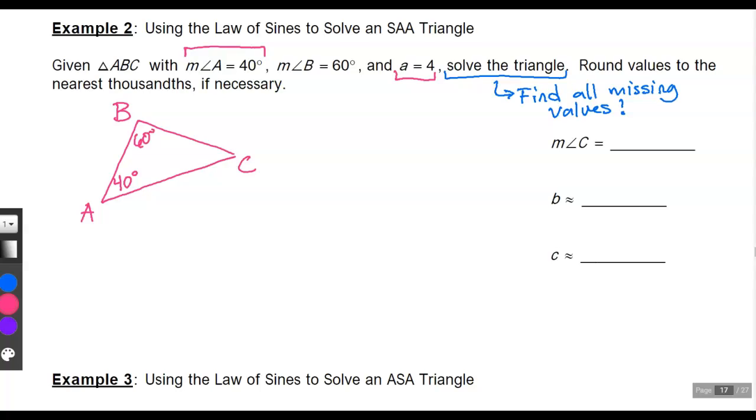Where should I place the 4 on my triangle? Opposite A. If I was to name that side with angle letters, what would the name be? BC. I just want to make sure you understood where opposite is. It would be that BC line.